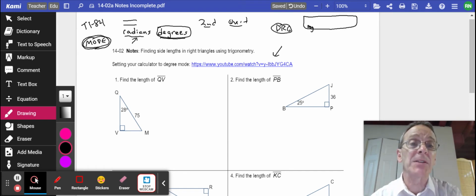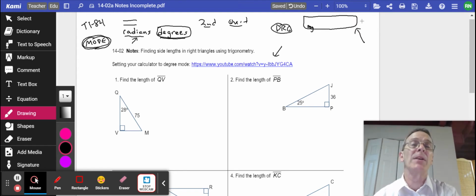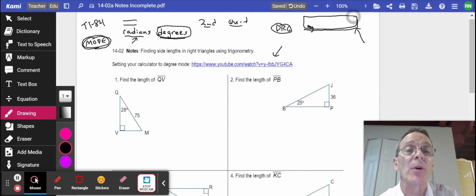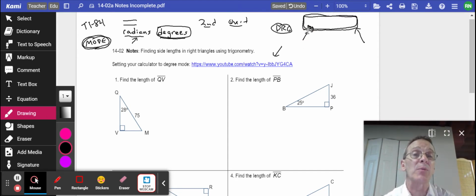If you're carrying a less expensive calculator, maybe not a graphing calculator, that's fine. But even if you're carrying an inexpensive calculator, you probably also need to make sure that your calculator is set to degree mode. In the window of your calculator, there probably is a little three-letter abbreviation telling you what mode your calculator's in.